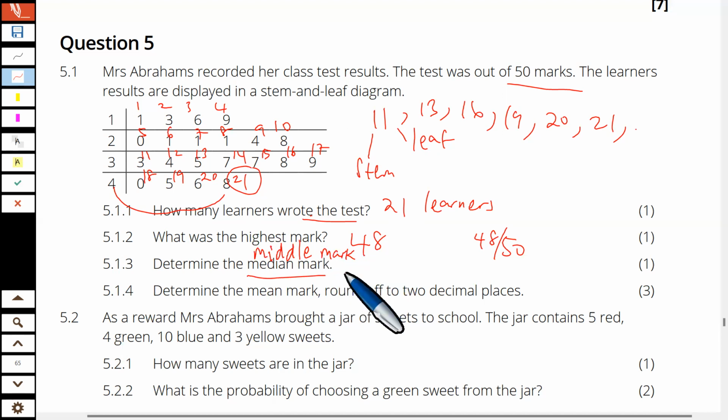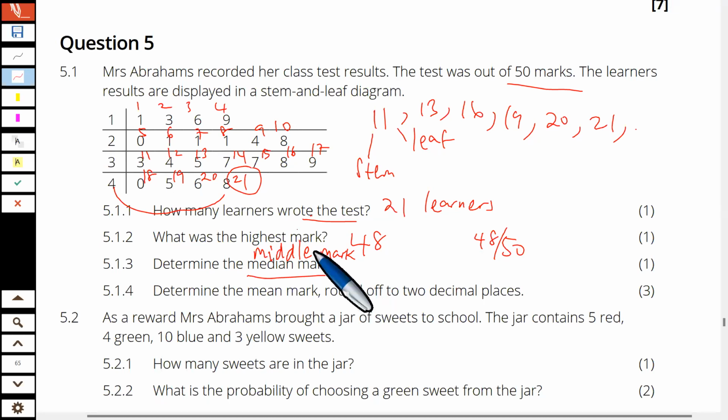So which learner got the middle mark? So the middle mark here in 5.1.3 is going to be the one in the middle. So who got the mark in the middle? Right. So you need to order or rank these marks.